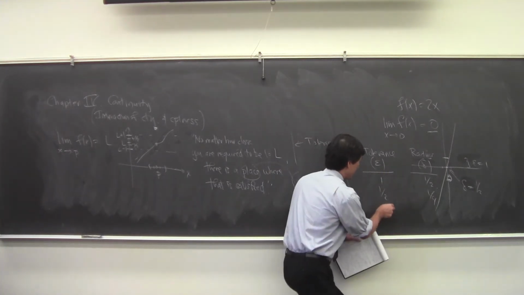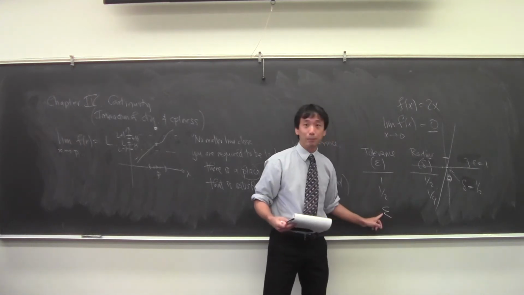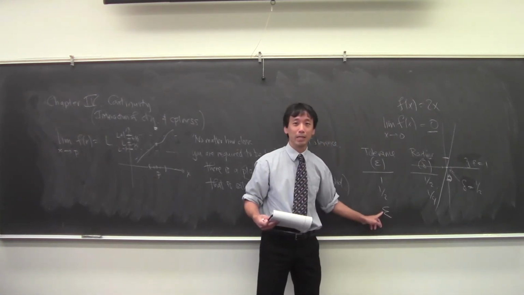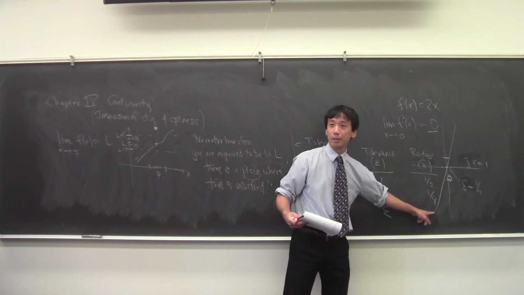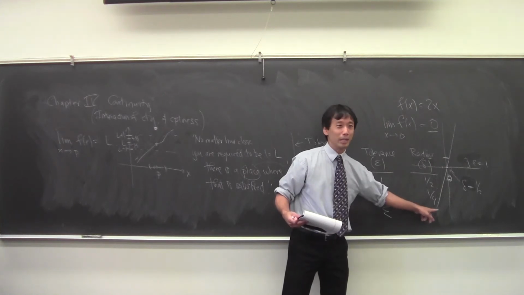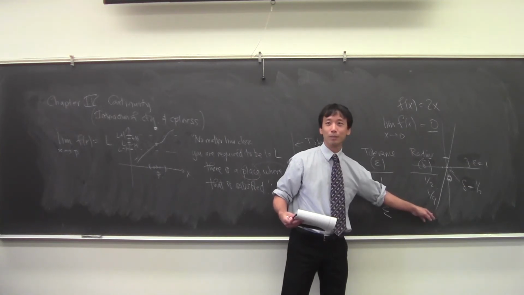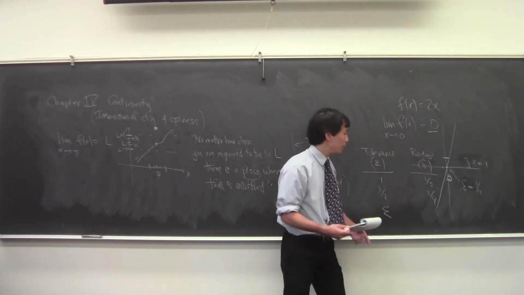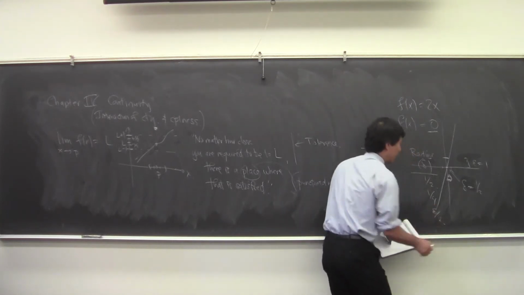Suppose I give you a tolerance of epsilon. Epsilon is some tiny number. What's the radius going to be? Write it down. Take 5 seconds and write it down on a sheet of paper. What do you get, Max? Epsilon over 2, right? And you see that that's going to work.